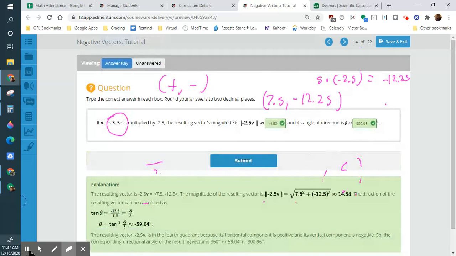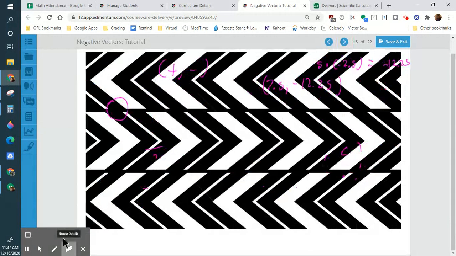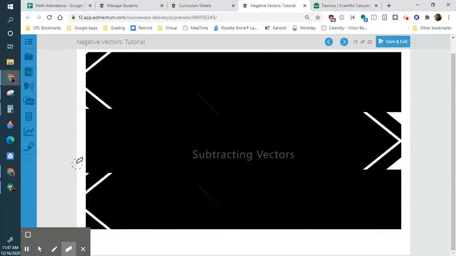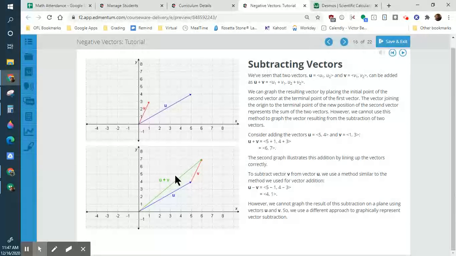All right, but moving on from dumb things that don't account for round off error. Subtracting vectors. When you added vectors, all you would do is go from here and then tack on the new vector.